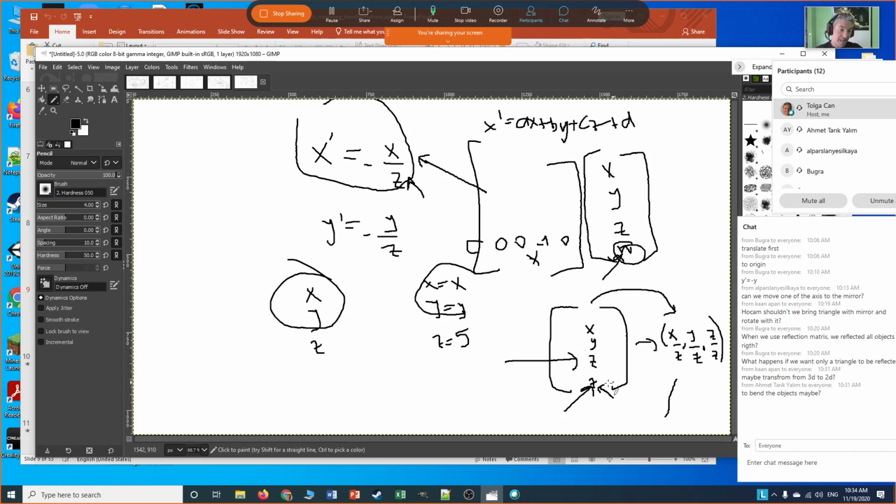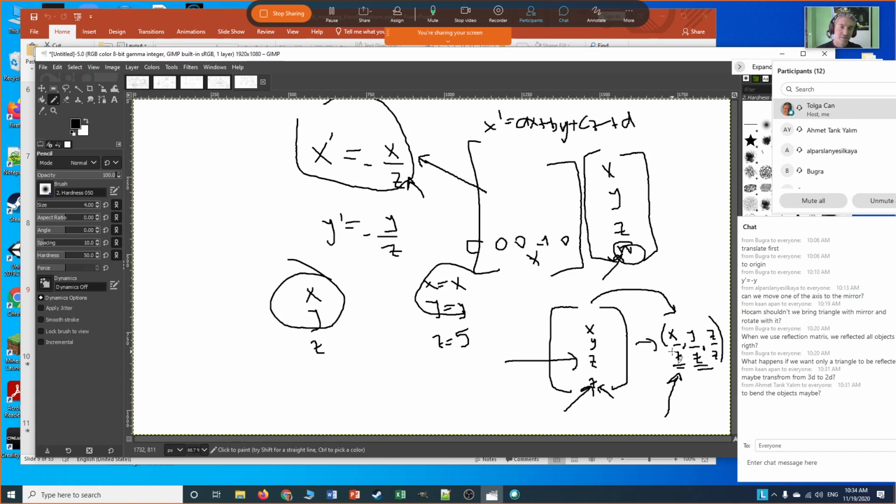If you put z there, in 3 dimensions you will be dividing your coordinates by some variable, and this variable will be the distance of those objects to the camera.